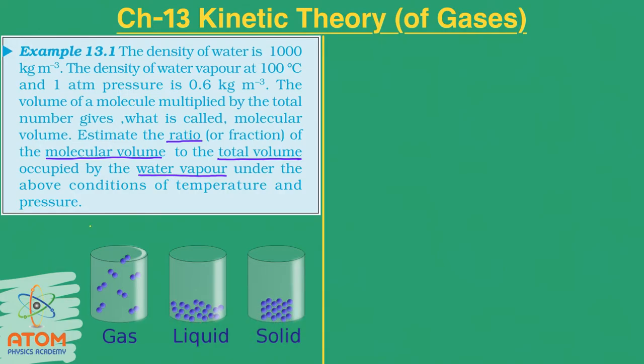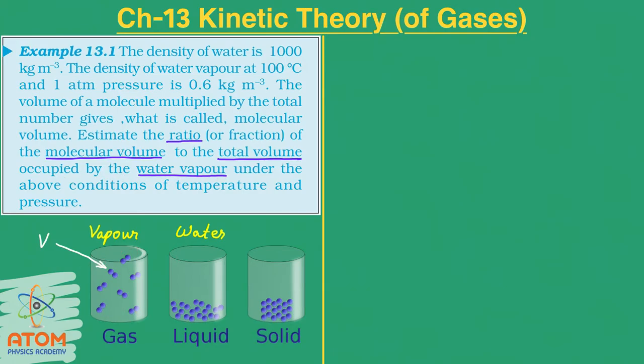Now, here we have been given a case of vapor and water, right? So, in this case, the total volume we are discussing is the volume of this vapor and can be represented as V. So, V is the total volume occupied by water vapor, right?